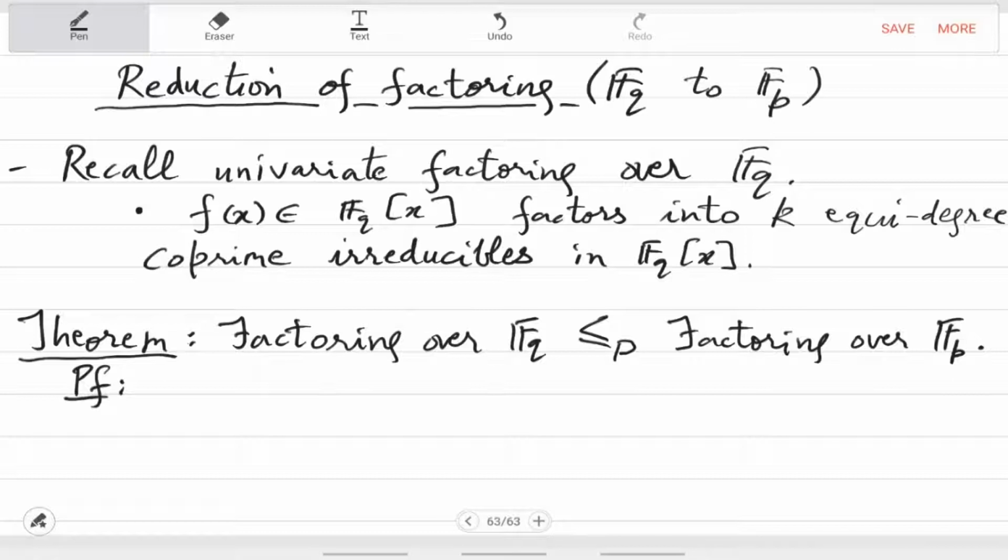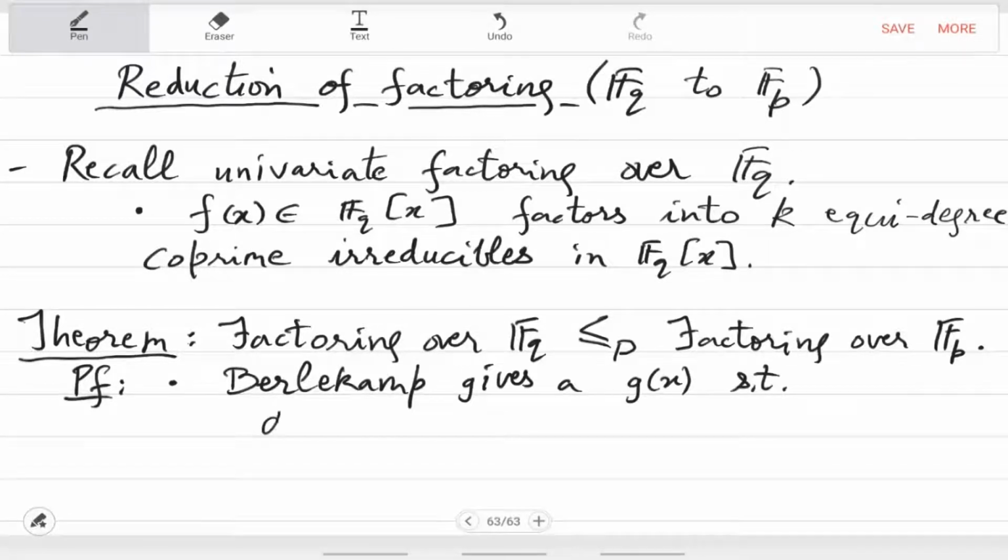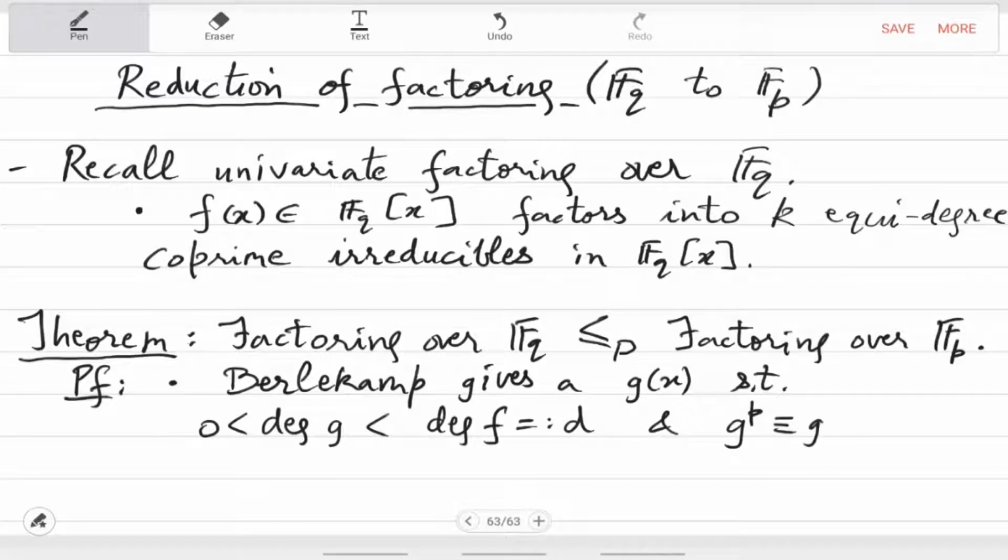So, further recall the Berlekamp algorithm. The Berlekamp algorithm will give you a G such that the degree of G is less than the degree of F, which we are calling D. So G's degree is between 1 and D minus 1, and G raised to P is G mod F. We were able to find this by linear system solving, a non-trivial G such that this happens.